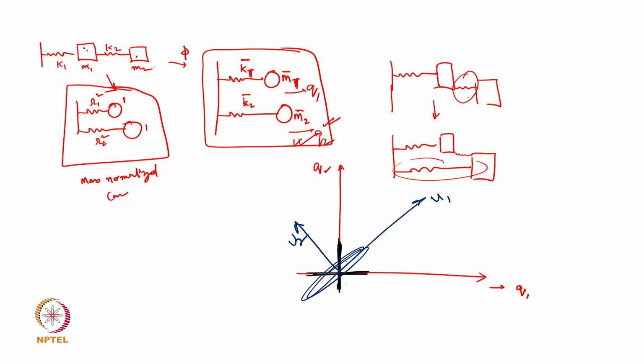Okay, any doubt in that? Did you get that realization? That realization can only be possible for the 2D case. It is very difficult to explain for higher degrees of freedom, because visualizing it becomes very complicated. For example, in 3D you have three axes u1, u2, u3, and then you go to a rotated set, q1, q2, q3, and then you have to do that whole thing.